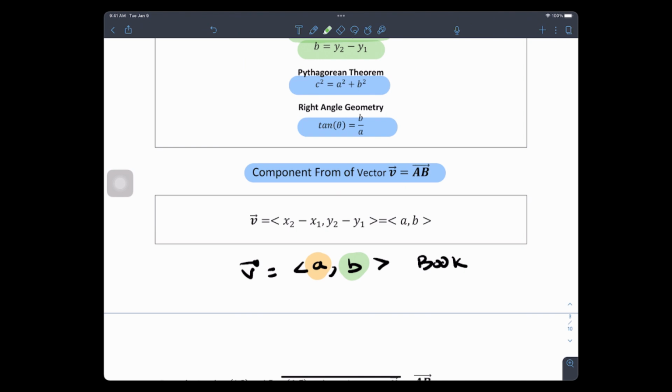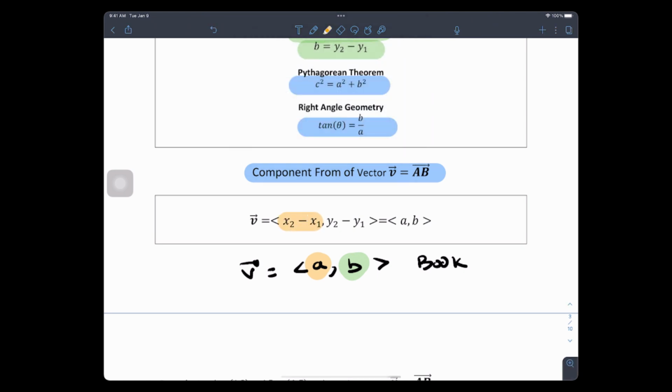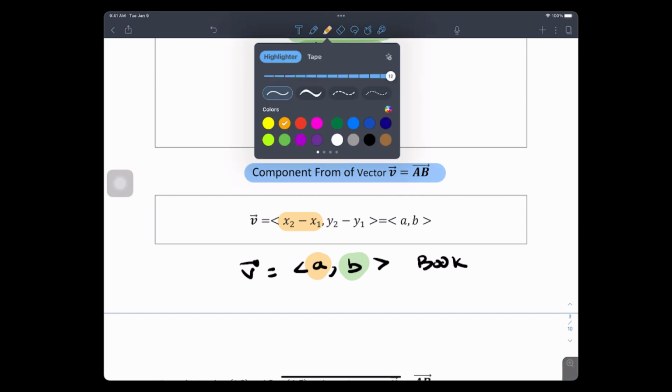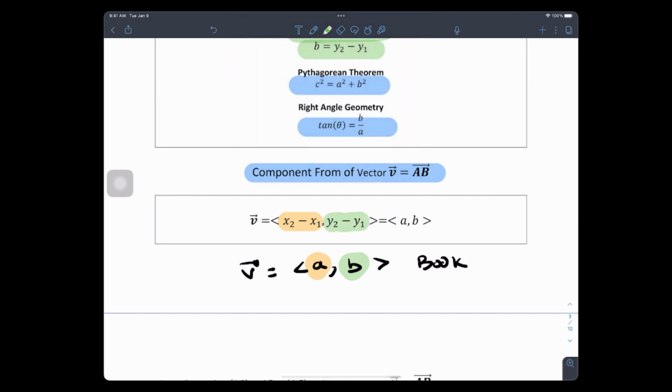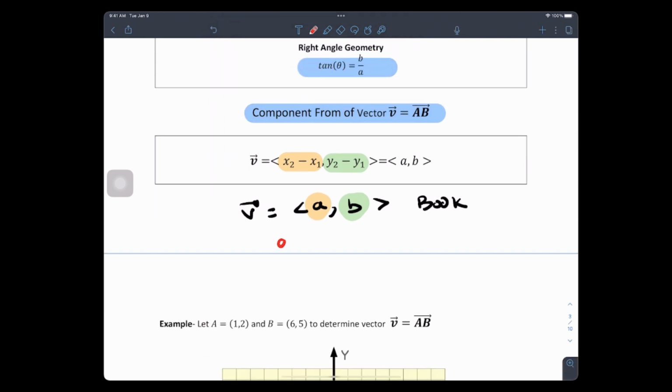But you might say, well, where did they get these A and B values? Well, it's from what I just defined for you guys here. It's the horizontal component and the vertical component. That's how we start to algebraically describe a vector, right? Well, you want to call this the algebra or geometry definition.